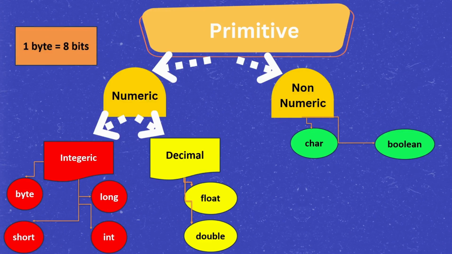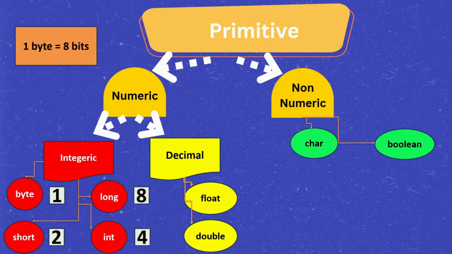Now let's see what the range of these data types is, like what is the biggest value that we can store in these data types. So 1 byte is equal to 8 bits. The size of the byte data type is 1 byte, short is 2 bytes, int is 4 bytes, long is 8 bytes.